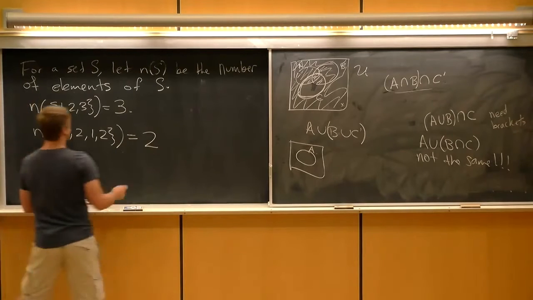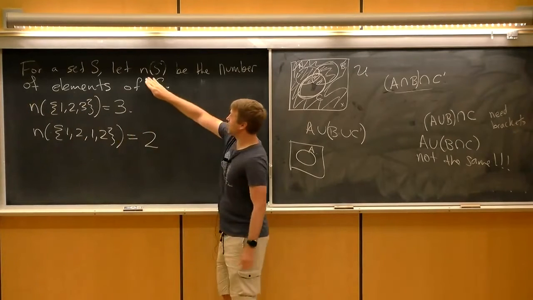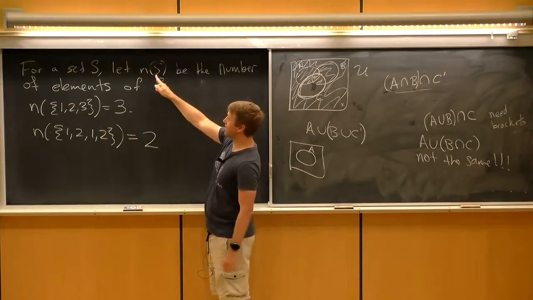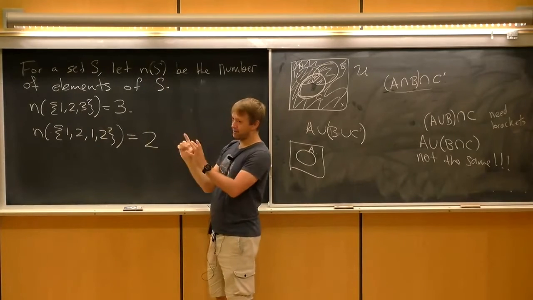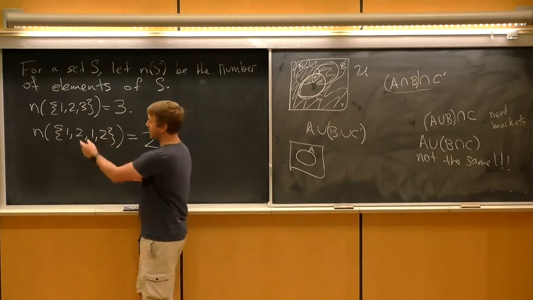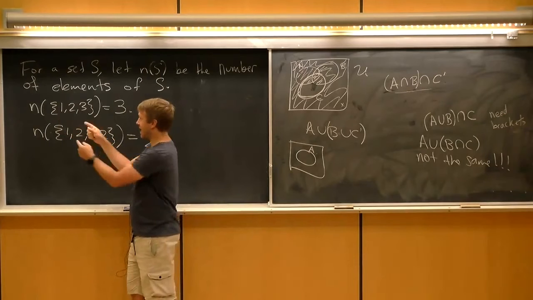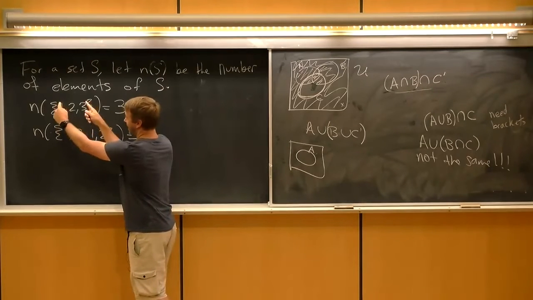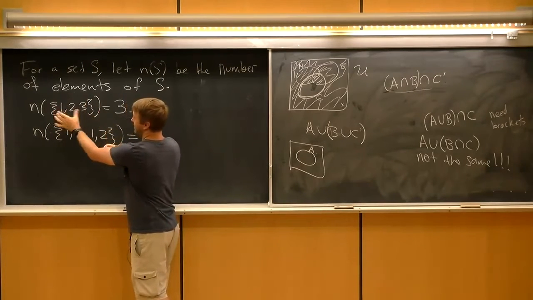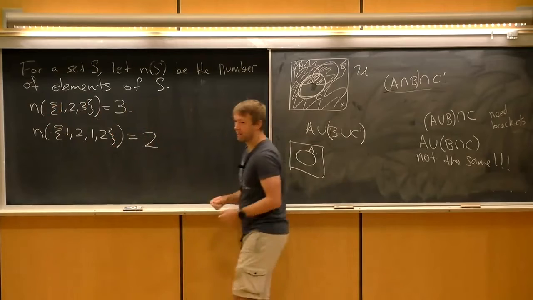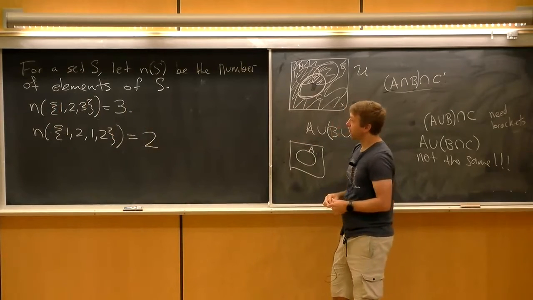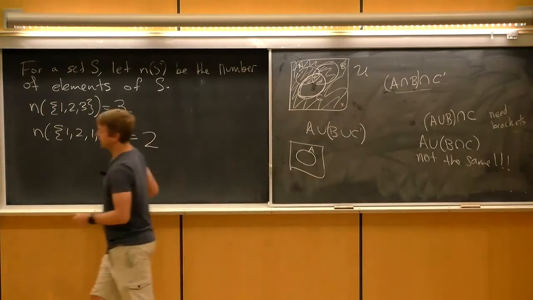So the notation is, if S is a set, then we write n of S with the brackets. And to write the elements of a set, you have to write these brackets. So if this is S, it's n of S.